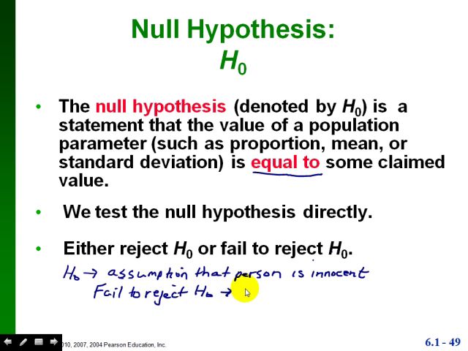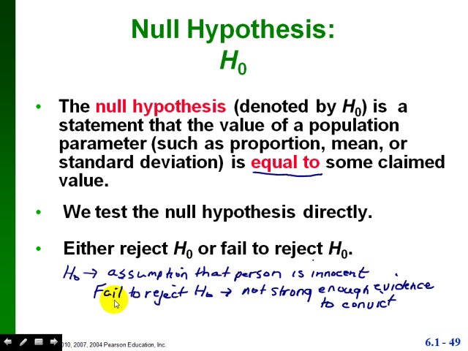If we fail to reject our null hypothesis, that tells us that there was not strong enough evidence. This would be like saying there's not strong enough evidence to convict the person. We don't have strong enough evidence to convince us beyond a reasonable doubt.